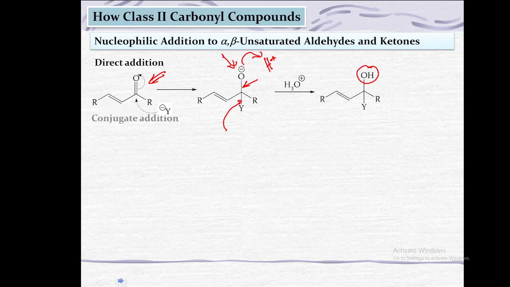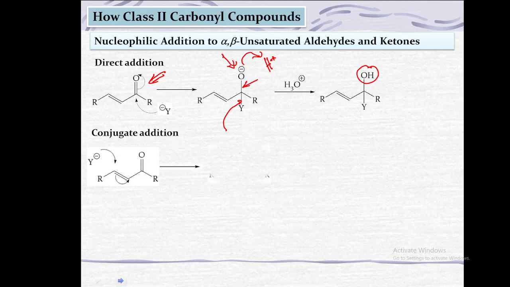Let us now look at a conjugate addition. In a conjugate addition, the attack by the nucleophile goes to the beta position. As you can see, this is the beta position. Of course, when that attack takes place there, then the pi bond here must break. The pi bond there, the double bond, one of the bonds breaks. And what happens?